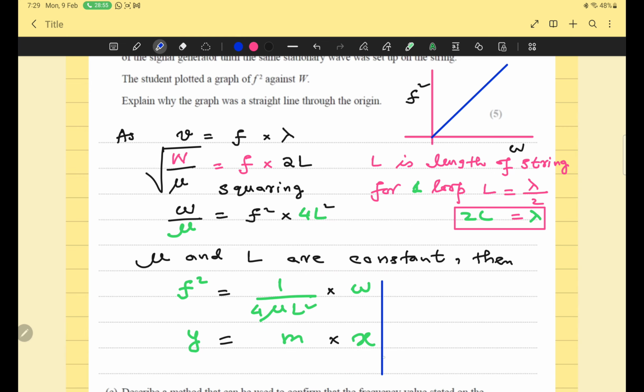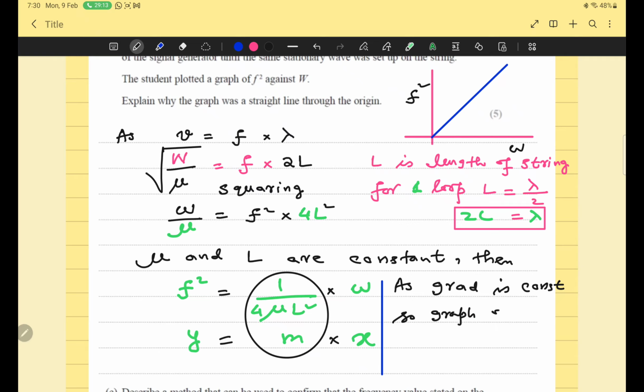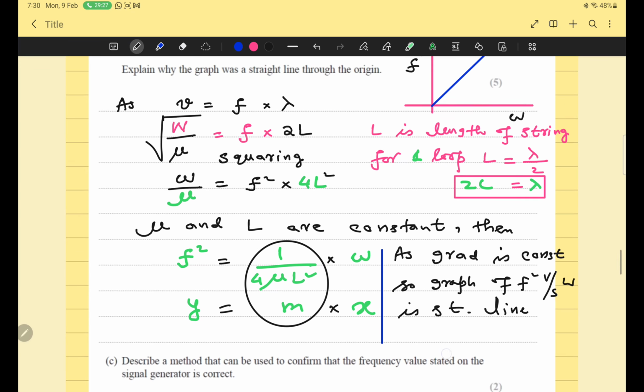So I am writing the final answer: the gradient is constant, so the graph of f square versus w is a straight line, and the y-intercept is 0. No y-intercept.